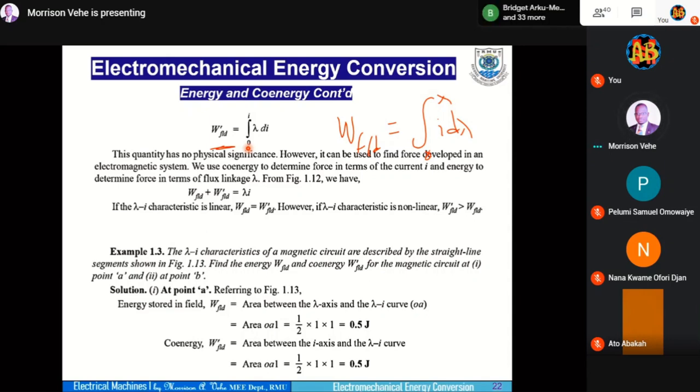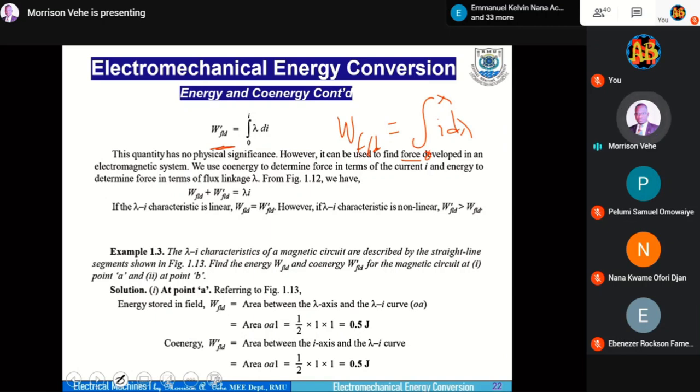It can be used to find force, which is developed in the electromechanical system. That is another concept which I think you are familiar with.